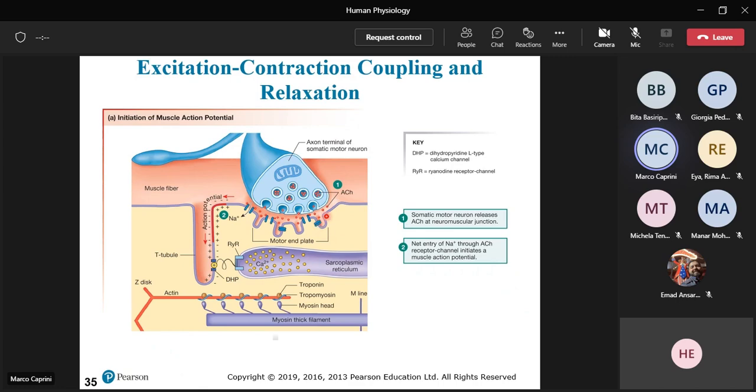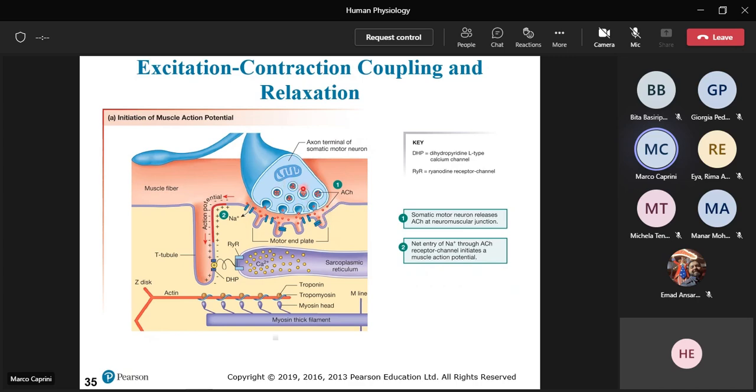But this is a wrong answer. This cannot be an inhibitory synapse. This is always an excitatory synapse, because here there is only the acetylcholine receptor.